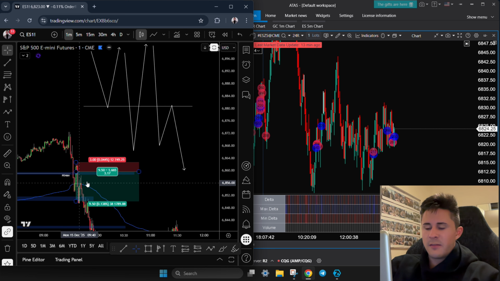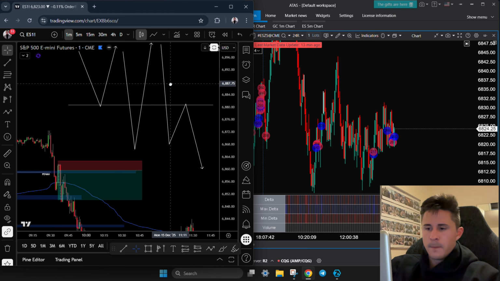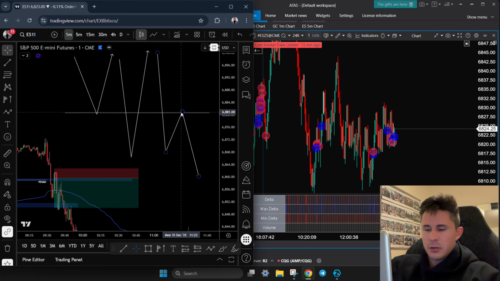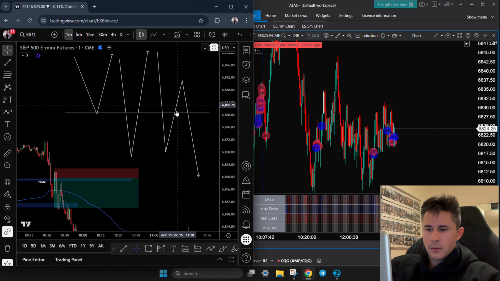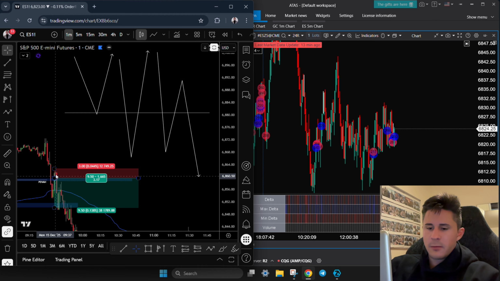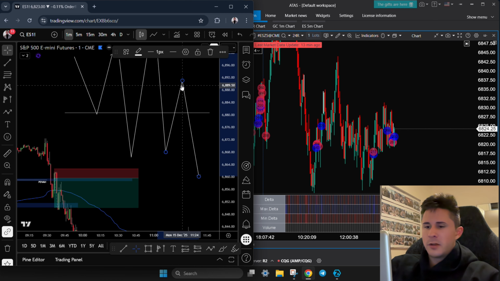Now, if you look at this break and retest, a little bit tricky. You want to see why? Because price actually came a little bit above the zone here. Anyway, still a valid break and retest. You see it came a little bit above. And that's the tricky thing.